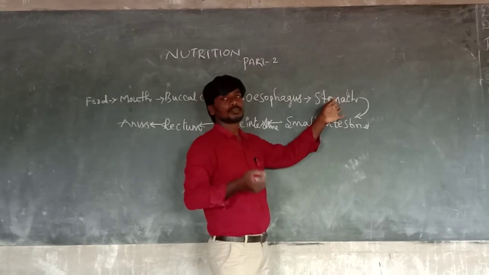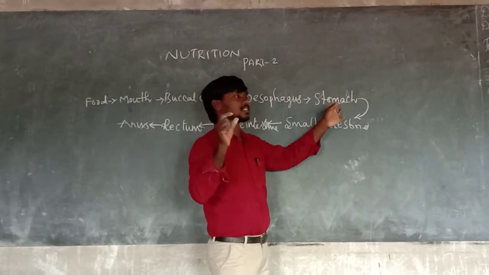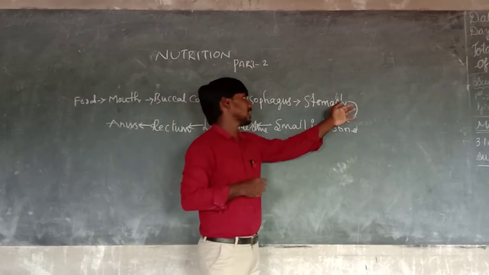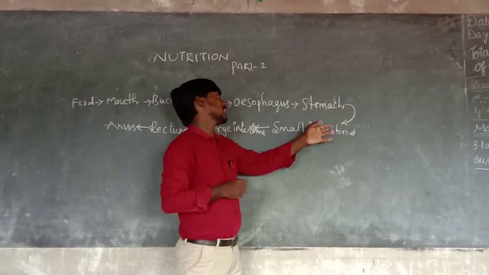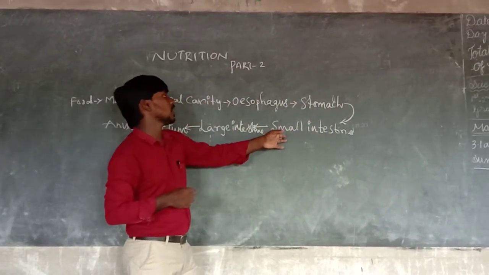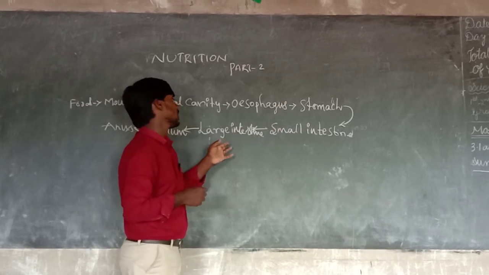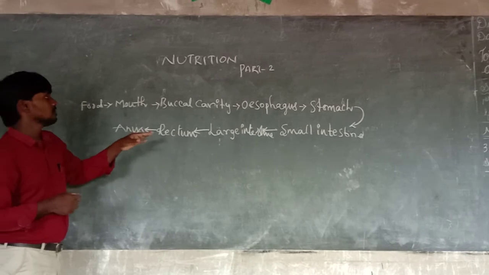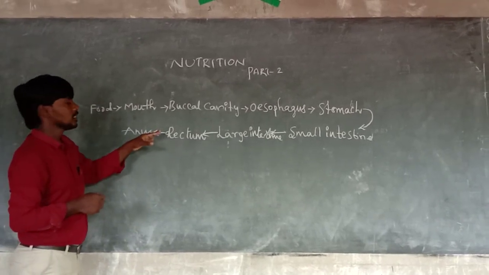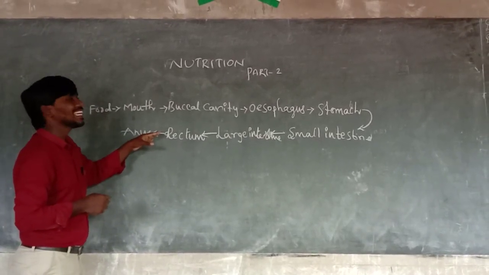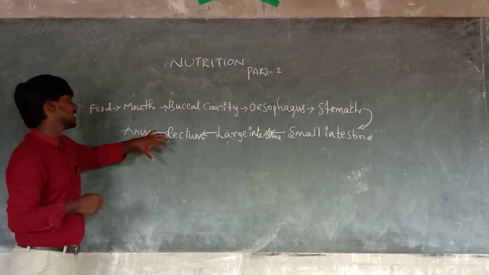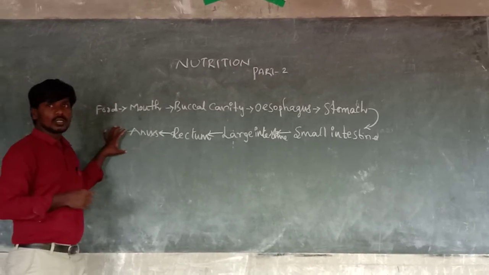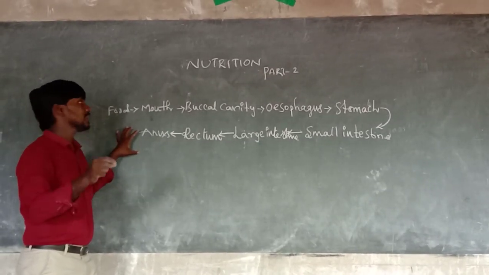In the stomach, about 70% of digestion happens. Then the food is digested into the small intestine, then the large intestine, then the rectum, and the waste product, the undigested food, comes out through the anus. So this is the digestive system in human beings. Okay.